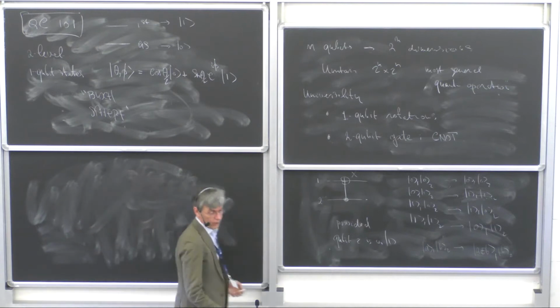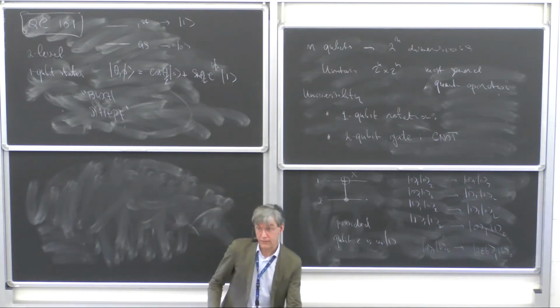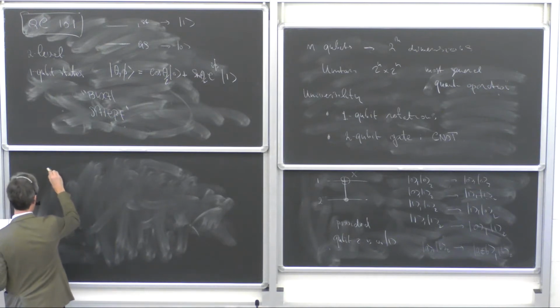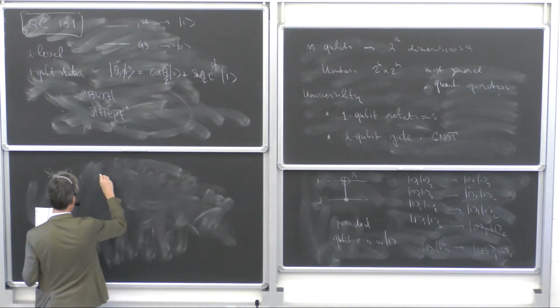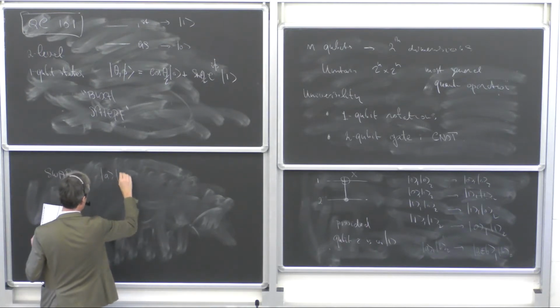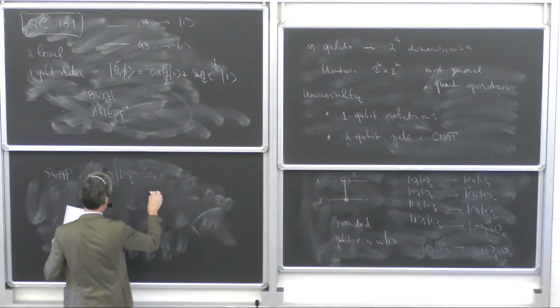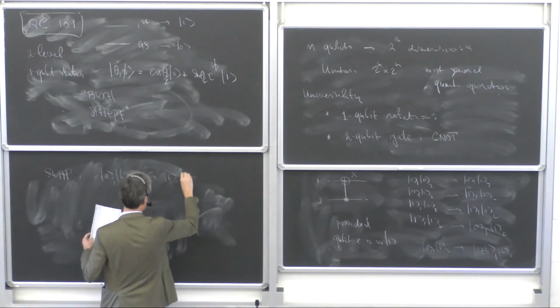Suppose I do 2 qubits, and my favorite gate that I like to realize is the swap. So I like to build the swap gate, which simply sends whatever I put in A and B, so in 1 and 2, to the other combination, B, A.